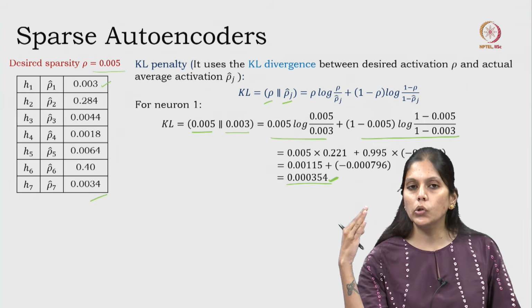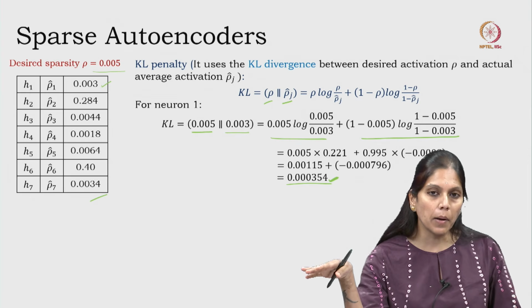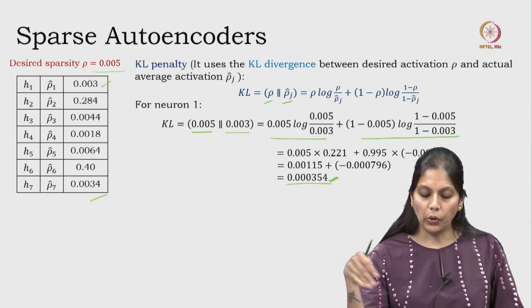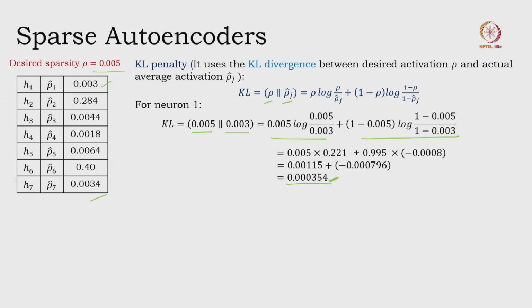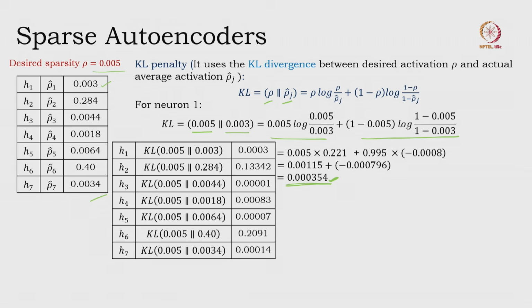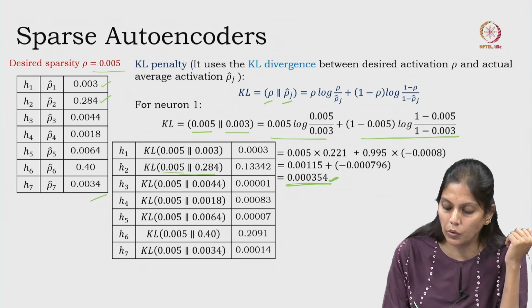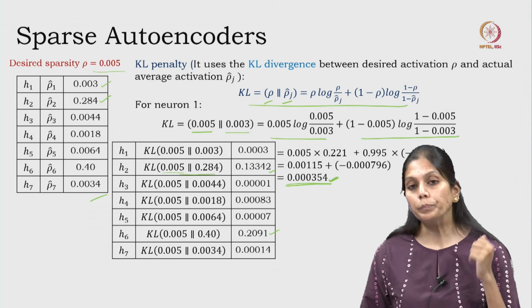When it is a close match, the penalty should be very minimal, or 0. So here you see there is a very small penalty that you are adding. Similarly, do it for all other values. Second, the actual is 0.005, and the desired value is 284. So calculate the values, substitute them into this formula, and you get this value. Similarly you get this value.